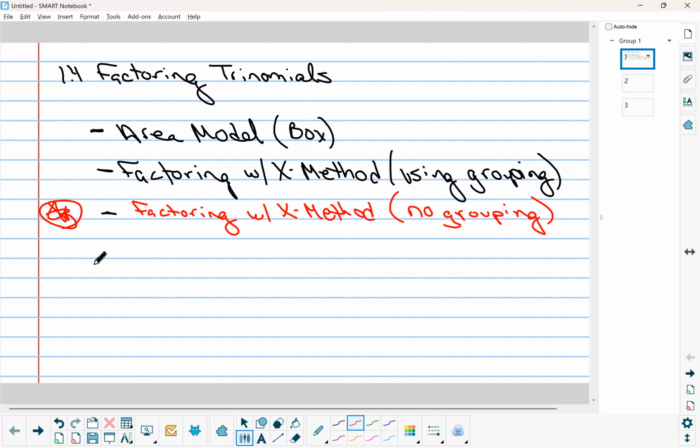We have trinomials that are in the form of ax squared plus bx plus c. That's the quadratic form. I don't think you can see that enough. And I'm going to literally only do 2 examples for these. So we're going to go to the next page.